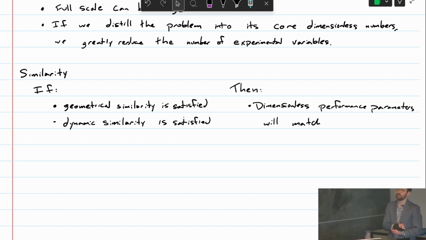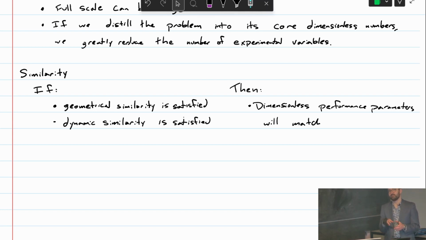So dimensionless performance parameters, we'll talk about those later, but for example, the lift coefficient and drag coefficient are common ones in aerodynamics. The skin friction coefficient that we saw in the boundary layer was also a dimensionless performance parameter. There's a whole bunch of different ones, and that's what allows us to generalize from our test.